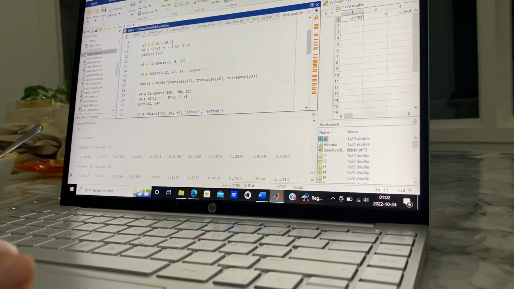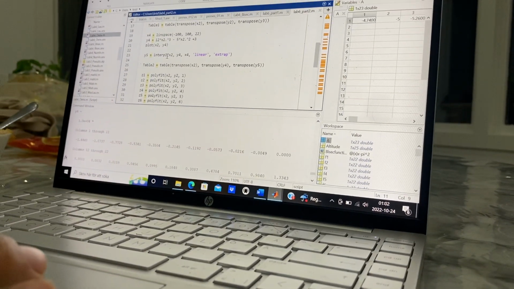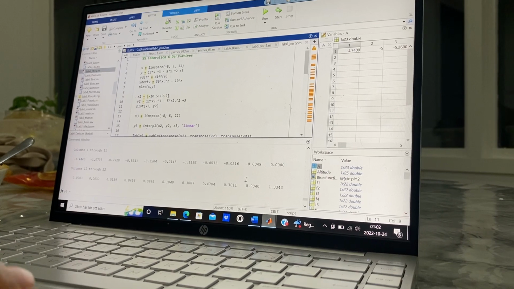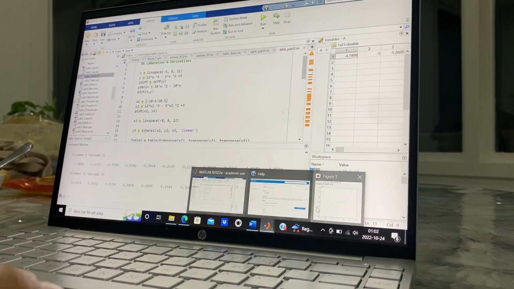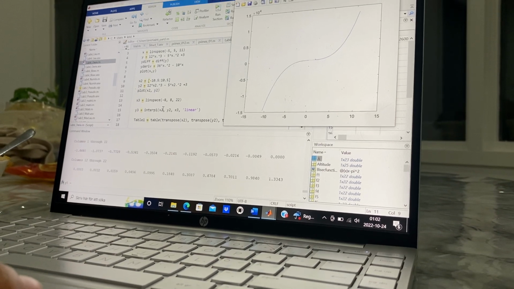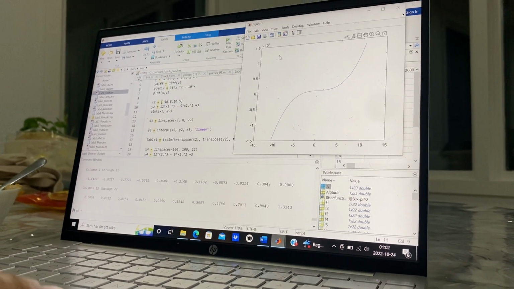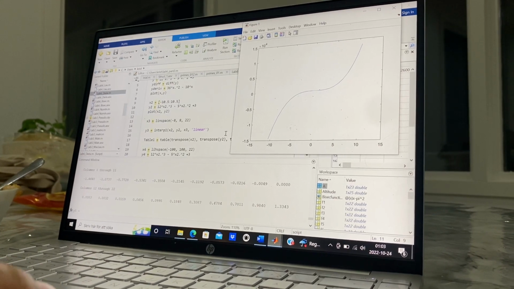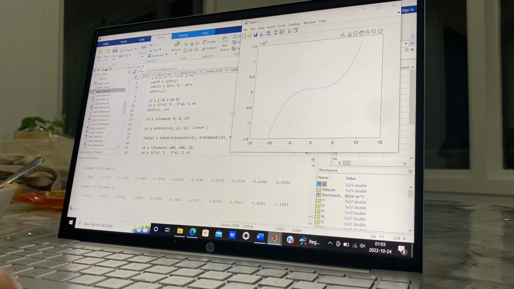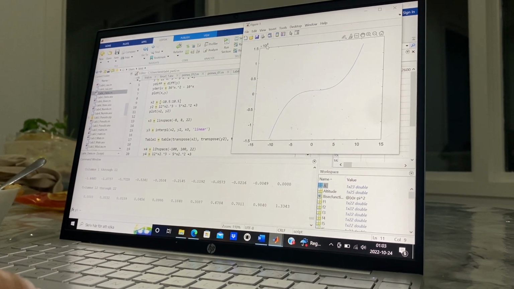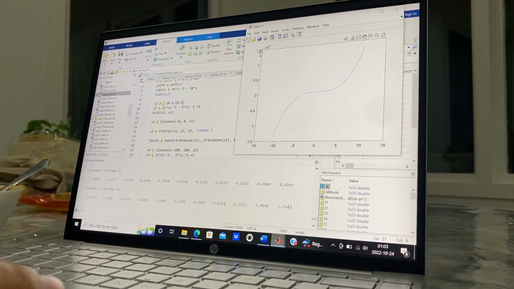This is this x2 values, minus 10.5 to plus 10.5, and then the plot. Look at the plot here. For the minus 1.5 to 1.5 times 10 to the power of 4.